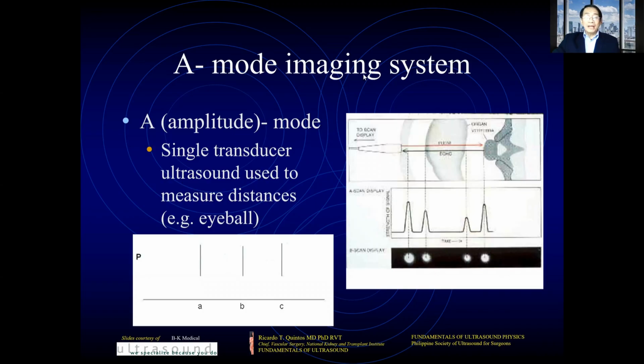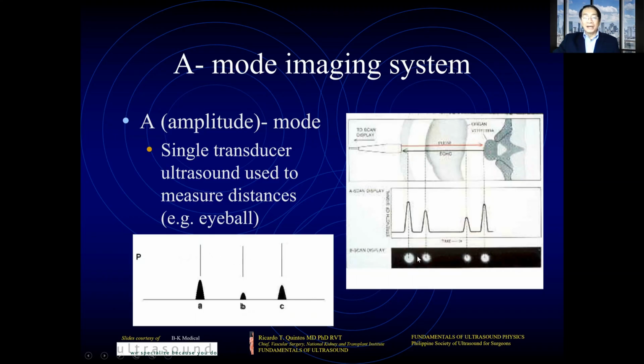So the A mode imaging system is the simplest. Basically, you have here a transmission of the impulse, and then you have the reflection of the impulse off the different structures. And so the intensity of the echoes is just displayed as intensity of light.